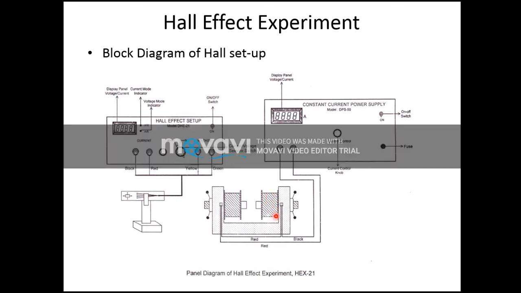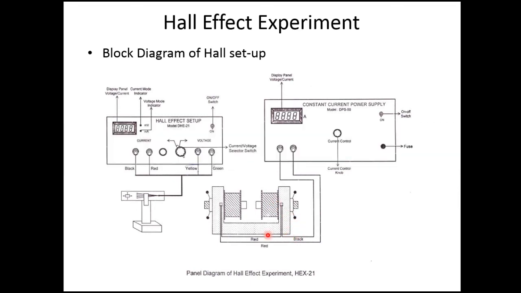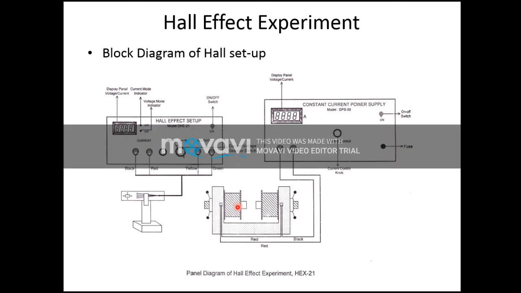So these are the current carrying wires here. Here also the current carrying wires. This is the coil actually. So we are applying the current over here. So when you put current in a current carrying coil or a conductor, then the magnetic field will be generated, as you know that.